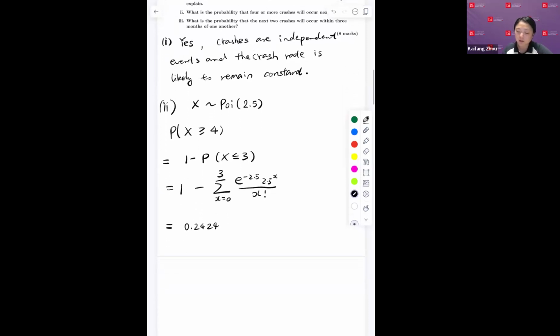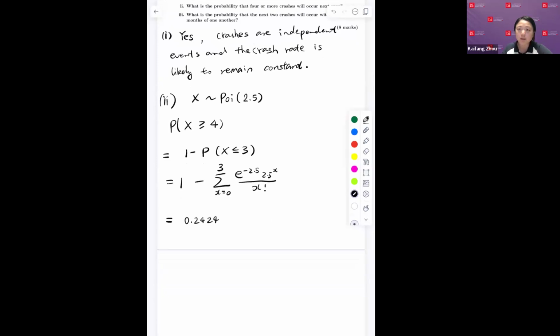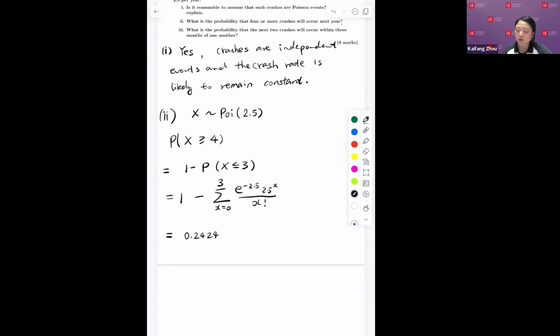Okay, now comes the third question: what is the probability that the next two crashes will occur within 3 months of one another? This is an important question, something to do with the waiting time. For the Poisson distribution, if events follow the Poisson distribution with a fixed rate, the interval between two events will follow the exponential distribution with the same rate as well.